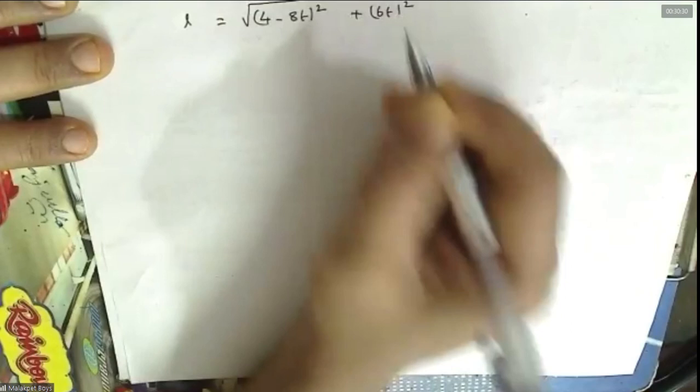Now separation is minimum. Minimum distance is this. So that minimum separation, if you do it, you get around 2.4 kilometers.